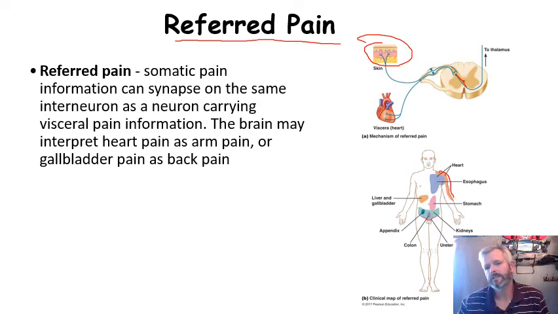So if it's the heart eliciting this neuron and it goes up to the brain, it could be perceived as pain in this region of the skin. And therefore that's why when a person has a heart attack, they may have this referred pain here, because the pain receptors here and the area of skin meet up on the same neuron.